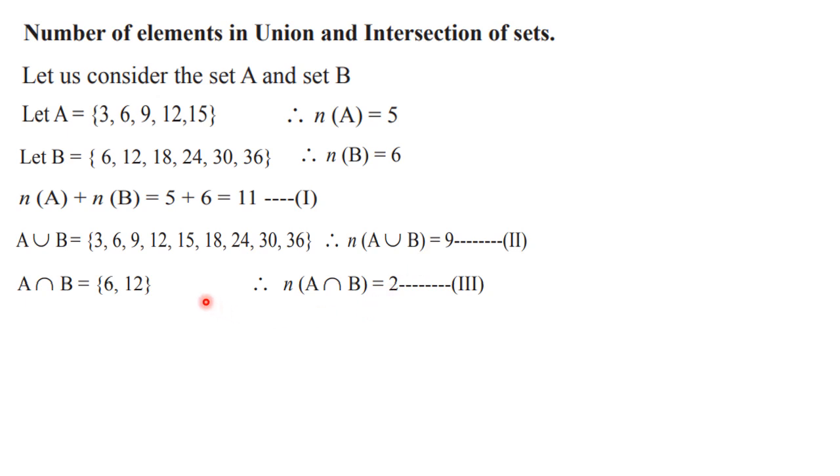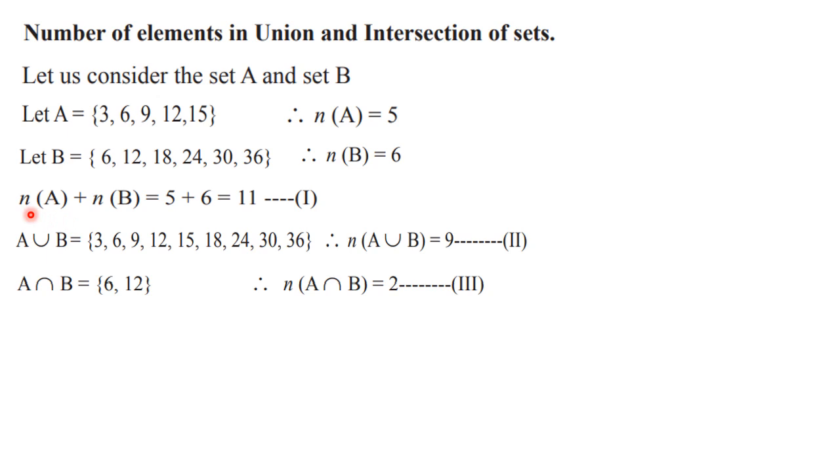Now we want to write down the formula in the form of n of A union B is equal to, means 9. I want to write 9 on the left hand side, and on the right hand side also I want 9, so that is 11 minus 2.